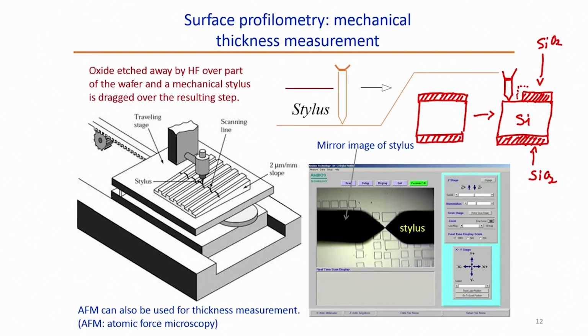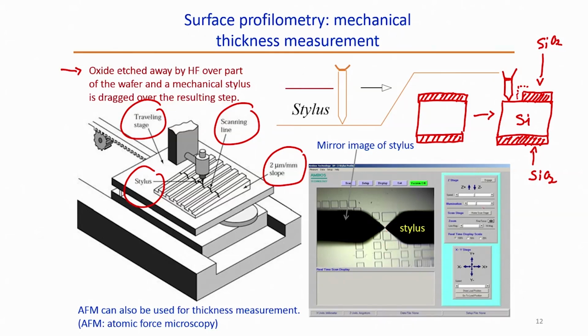You can see here oxide etched away by HF, hydrofluoric acid, over part of the wafer and a mechanical stylus is dragged over the resulting step. There is a travelling stage, there is a stylus here and there is a scanning line through which the stylus is scanning. There is a 2 micron per millimeter slope, and you can see the photograph of a stylus, and the mirror image of the stylus here, scanning through the stage.